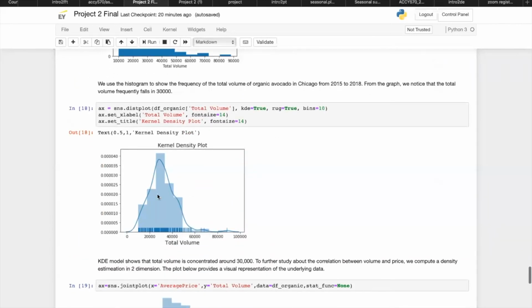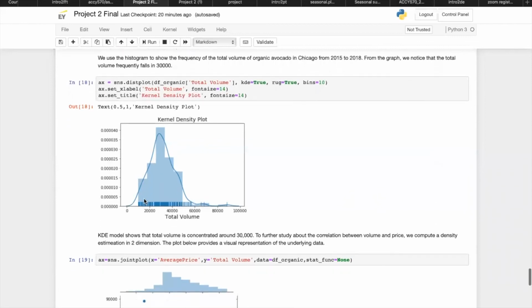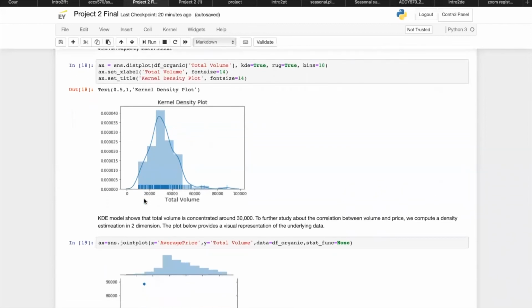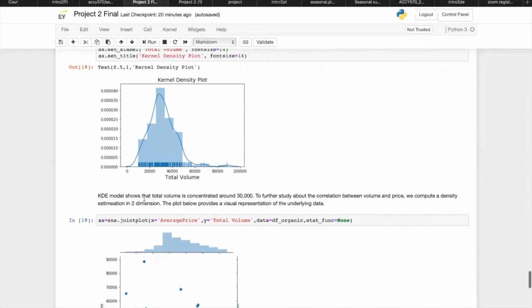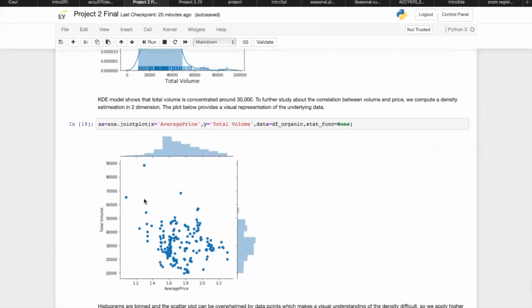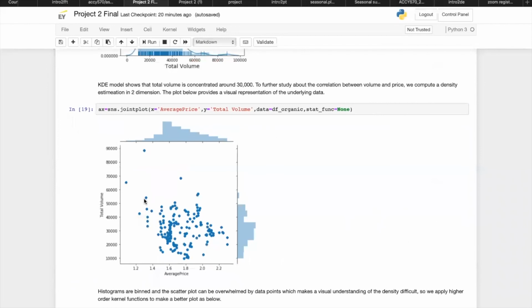It turns out that the total volume of organic avocado in Chicago is concentrated around 30,000. To further study the correlation, we compute a density estimation in 2 dimensions. And from this plot, we can roughly see that data is concentrated at this part.